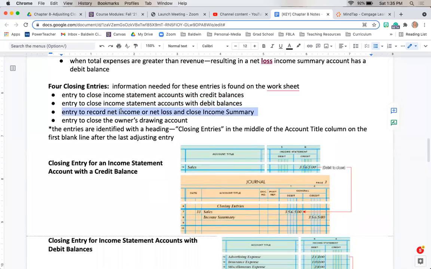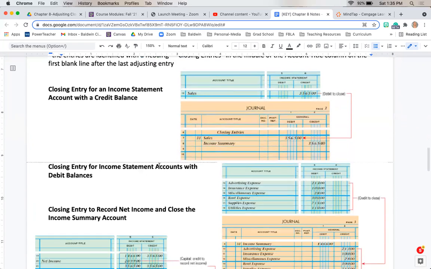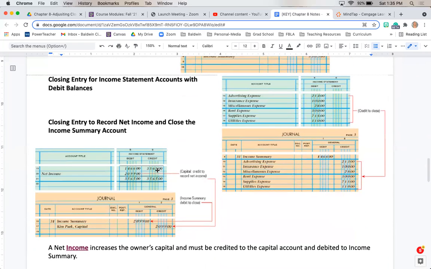Next, we're going to close income summary because it's been used to summarize our sales and our expenses. And we're going to close that directly into capital. So we started with a credit from our sales. We added a debit in for our expenses. That's going to be the same number as either net income or net loss.